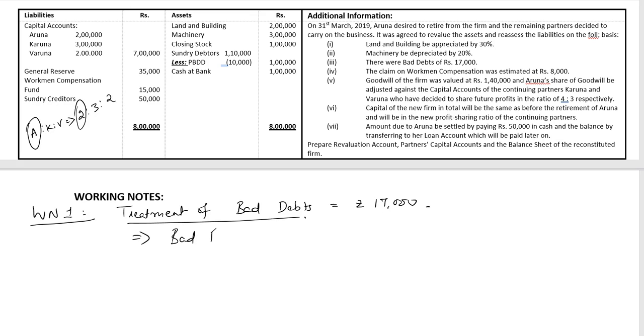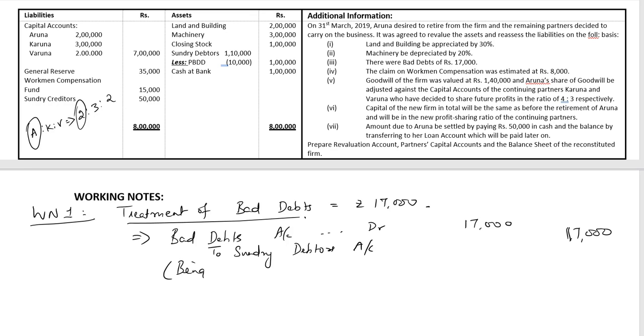Bad debts account debit to sundry debtors. Amount of bad debts written off 17,000 rupees. Narration being bad debts written off.